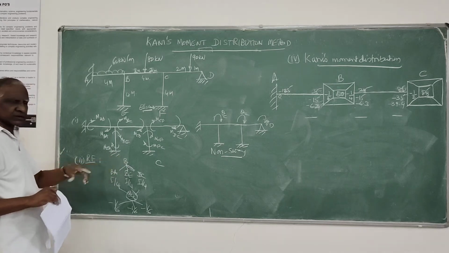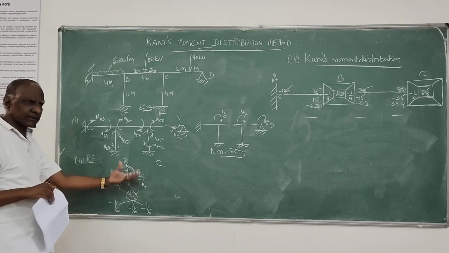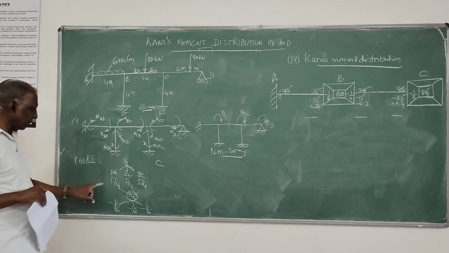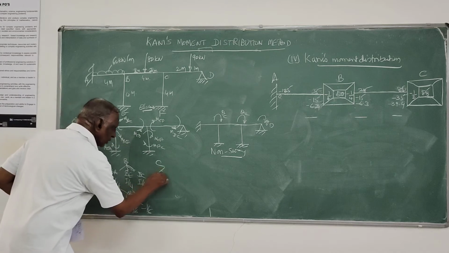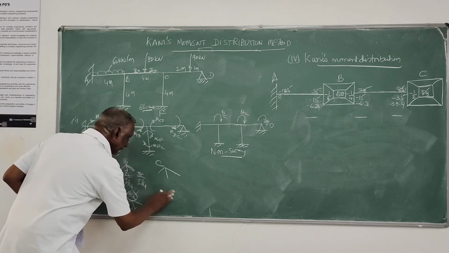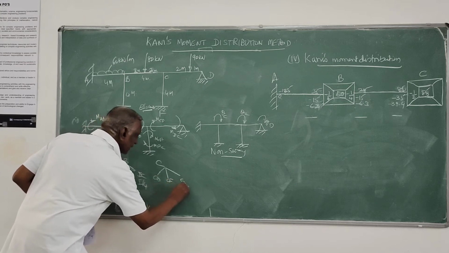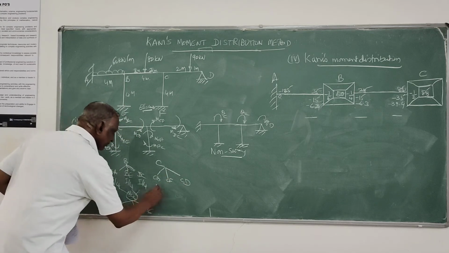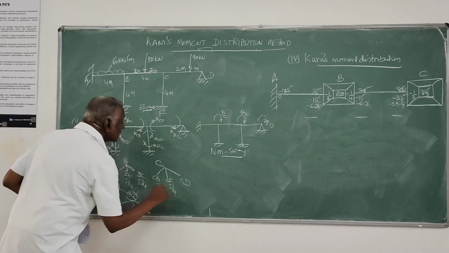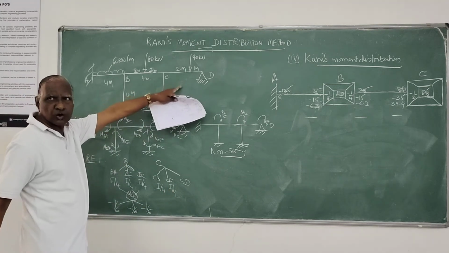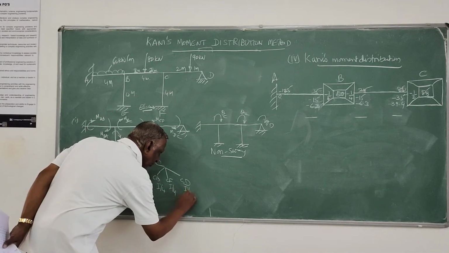Whereas the sum of the distribution factors was 1 there. So that also you have to check in the beginning itself, the moment you have evaluated the rotation factor. At C also you have 3 members, CB, CF and CD. CB stiffness I by 4, CF I by 4, CD it is 3/4 of I by 3, that is also I by 4.